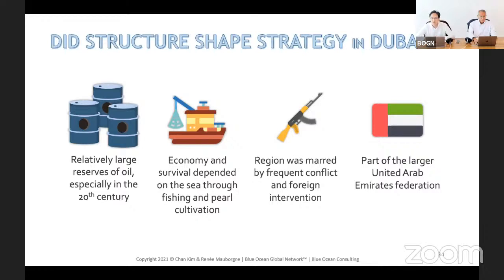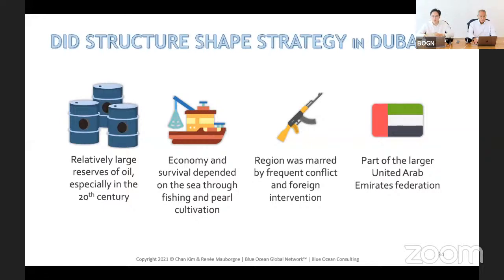And maybe the other strategy option, the obvious one, is to be a military base for all these other countries around the region and also globally to launch operations from, right?